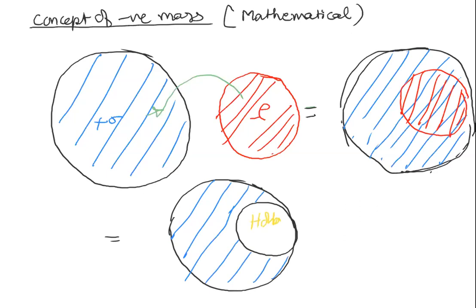Right? I'll try to repeat this. So I take a disk of positive mass density and I take another disk of negative mass density and I place the negative mass density wala disk into the positive mass density wala disk.